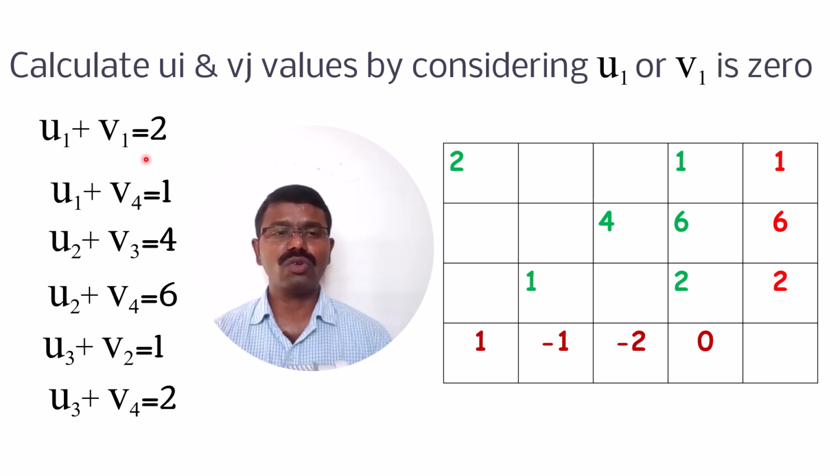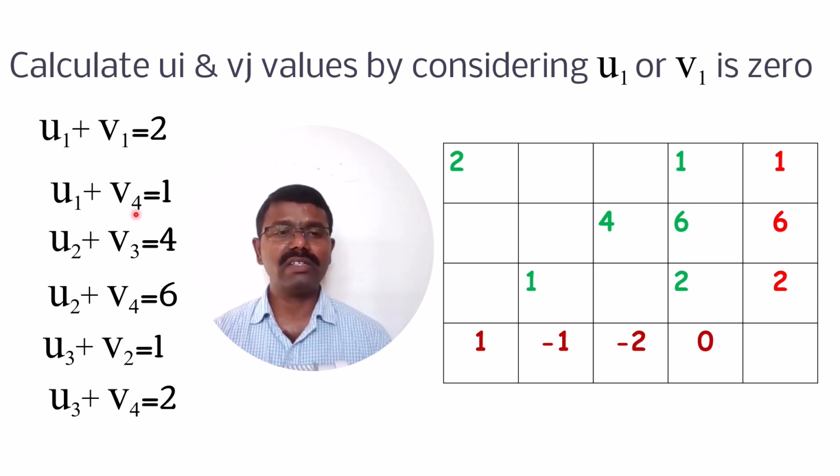If you substitute here, 1 plus V1 is equal to 2, so V1 will become 2 minus 1, it becomes 1. Then if V4 becomes 0, U2 becomes 6, and U3 becomes 2.